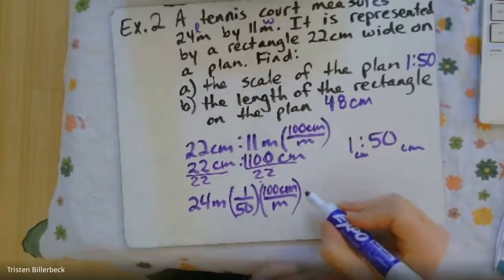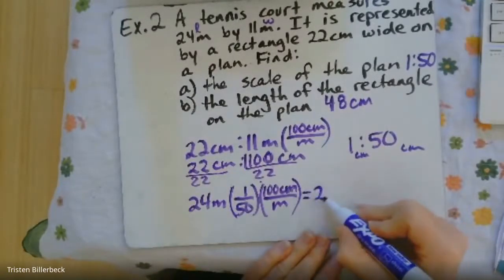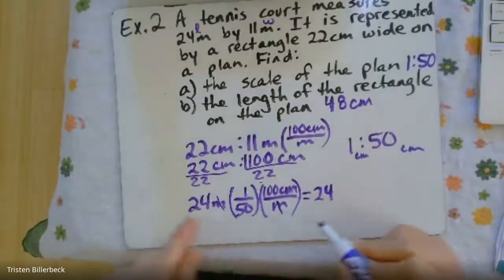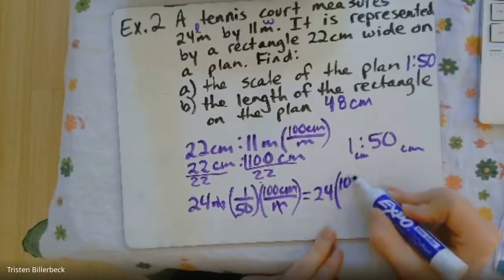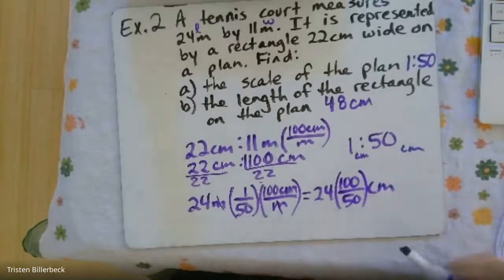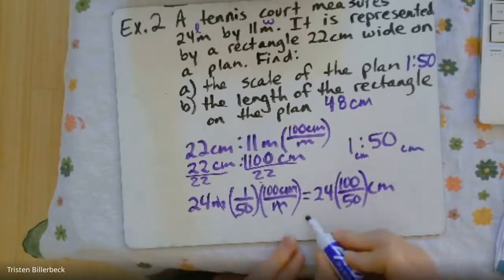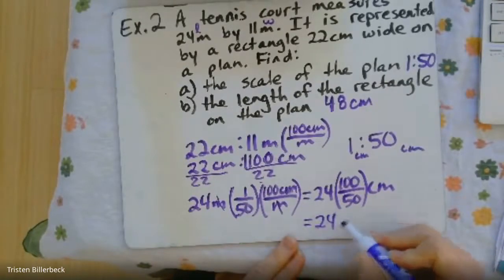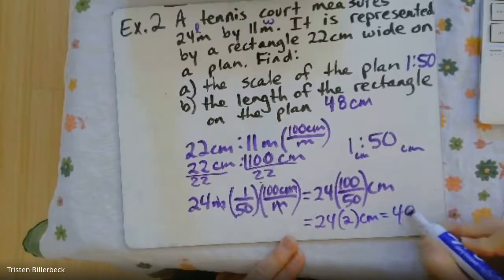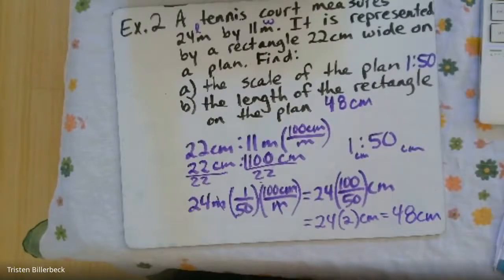Okay, so we have 24, and now the meters canceled, times 100 over 50, but we're in centimeters. What's 100 over 50? That's right, it's 2. So we have 24 times 2 centimeters equals 48 centimeters. Voila, it's what we did with fast math, but this is the math that you use.